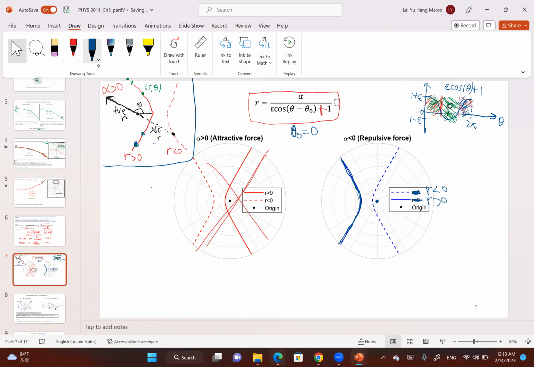Okay, so here, if you don't fully understand, that is still okay, right? All you need to really know is that in both attractive and repulsive force, the curve is hyperbolic.